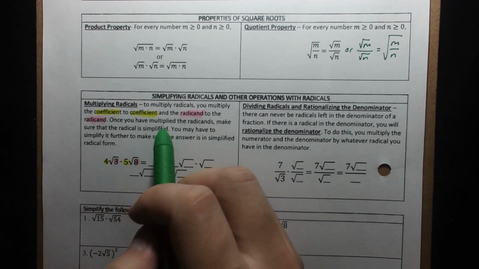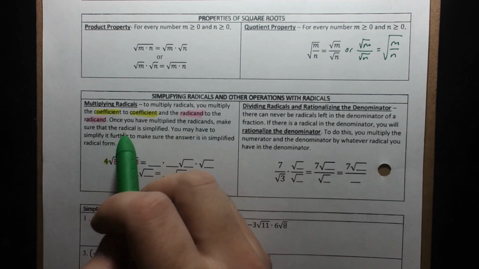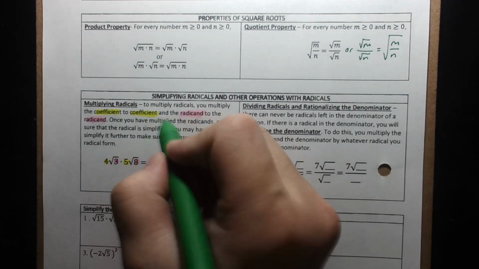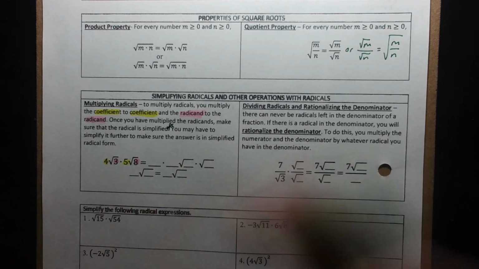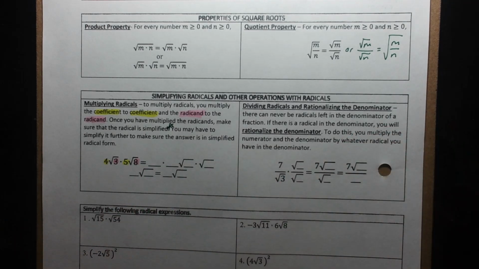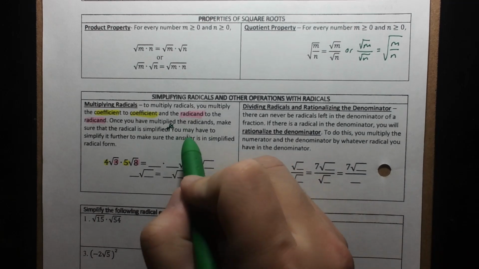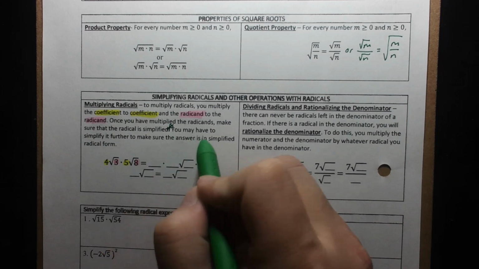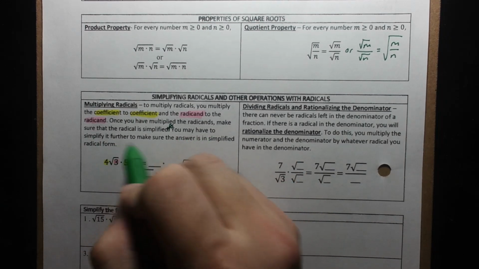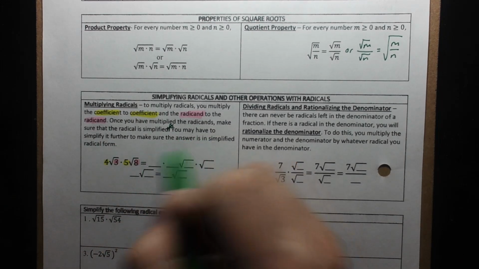Once you have multiplied the radicands, make sure that the radical is simplified. So this is very important. When you're done with the multiplication side of things, you need to make sure that your answer is simplified to the fullest extent. You may have to simplify it further to make sure that the answer is in simplified radical form.